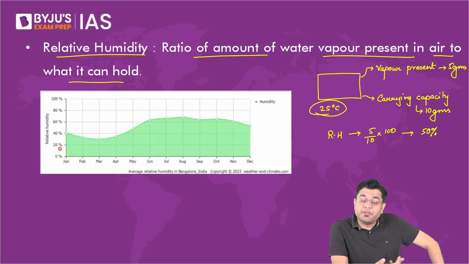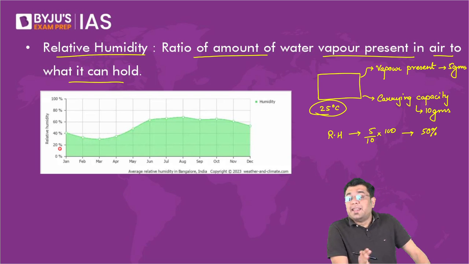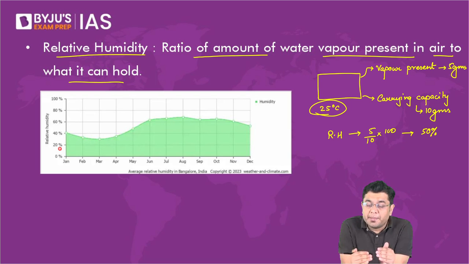That is where, whenever you open up the newspaper or listen to the news headlines, the weather report, you will always hear the figure that the humidity level in, let's suppose, Delhi is 30% or 45%. Humidity level in Kolkata, let's suppose, is 80%. That means that at that particular temperature, the air is holding 80% of the moisture in comparison to what it can overall carry.